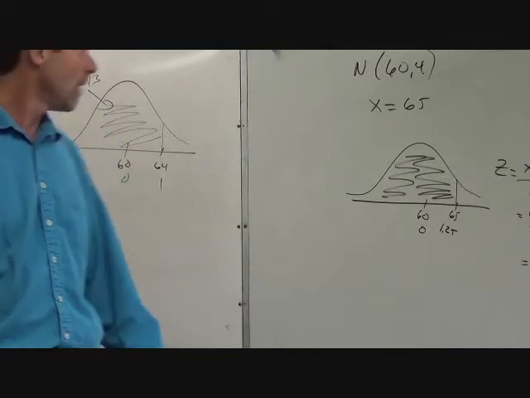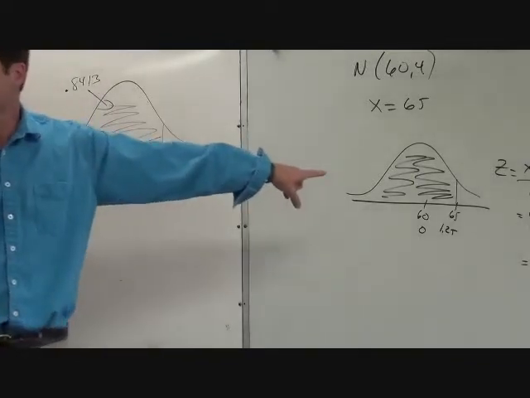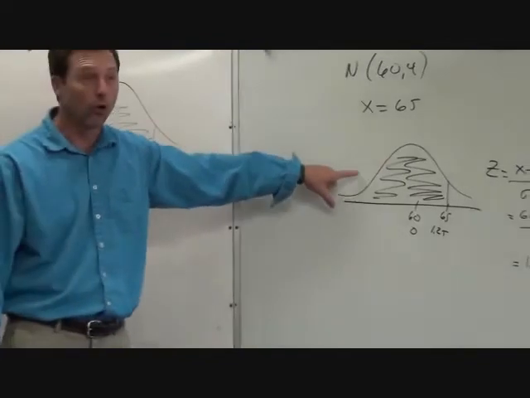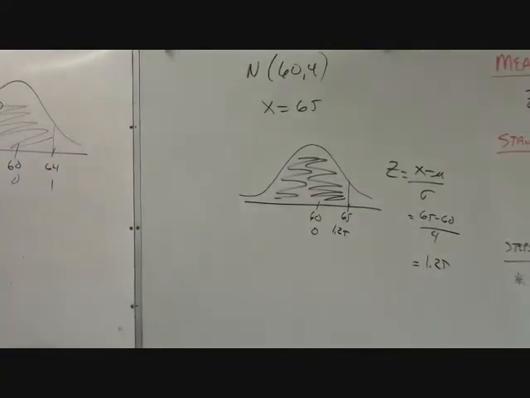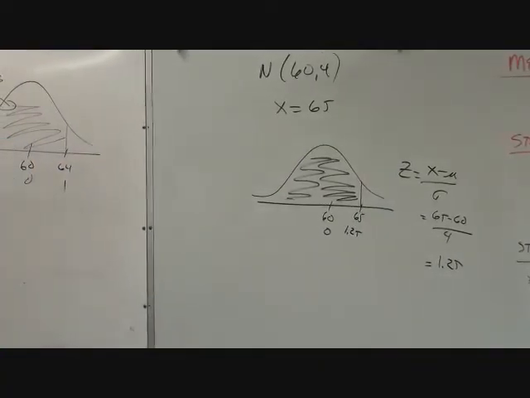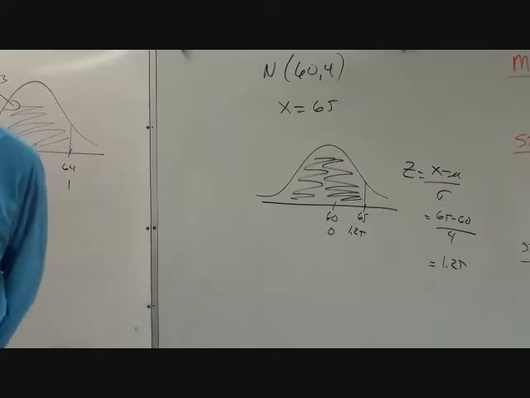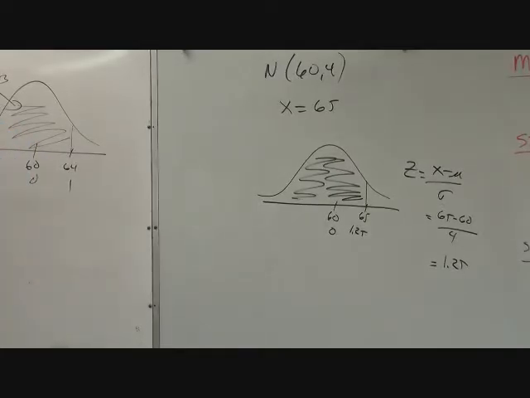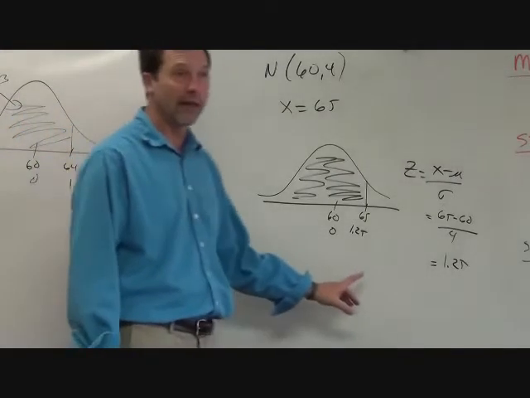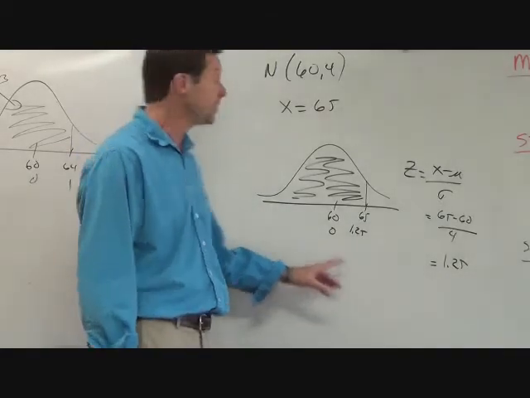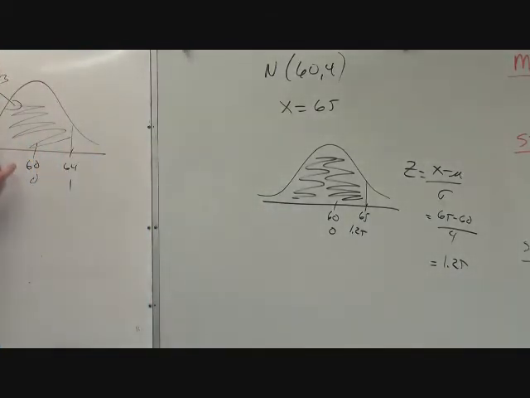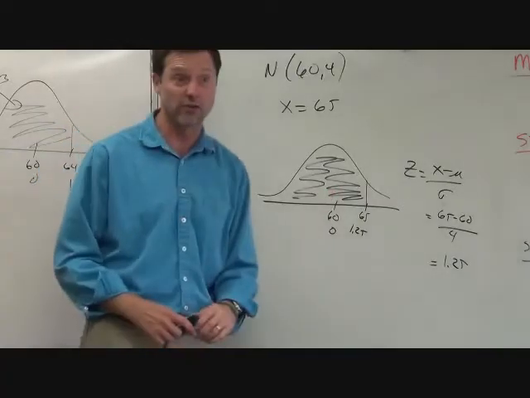All right, so now go find the answer to this. You should not have a problem now. So go find the percentile if you're 1.25 standard deviations above the mean. So you go down to the 1.2, but now you got to go over to the hundredths place. I know it's got to be more than 84%, right? Because I did better than 1 standard deviation from the mean.